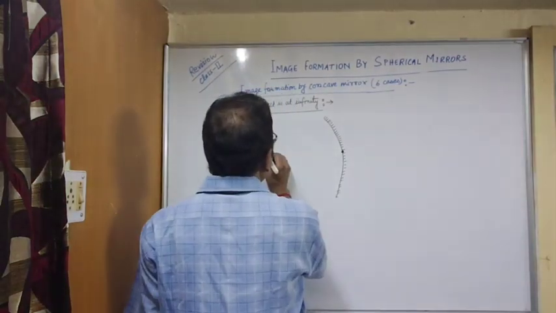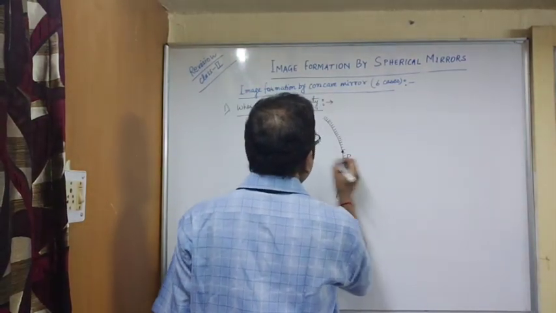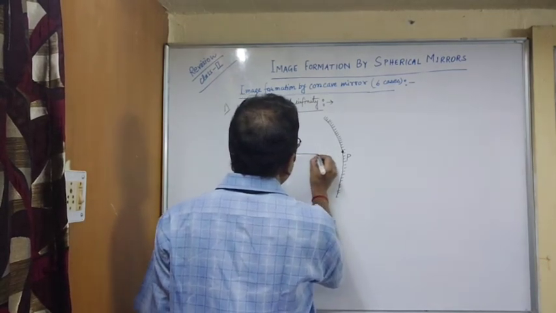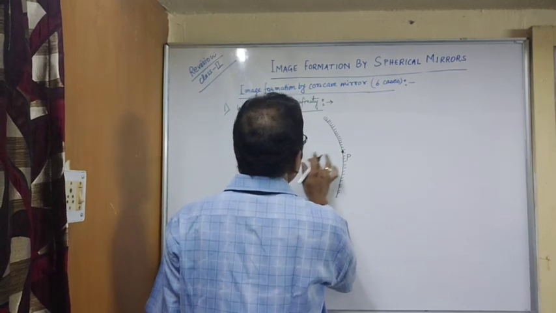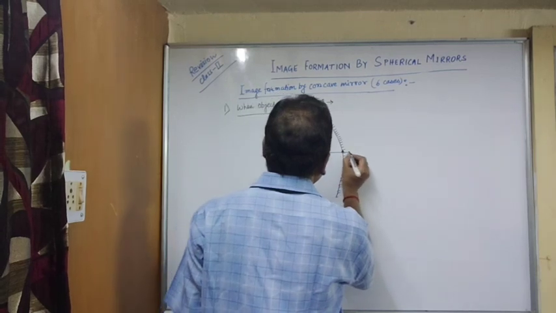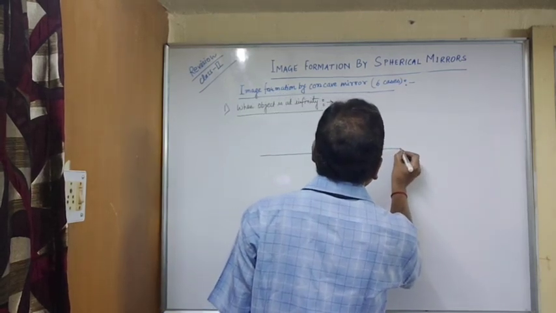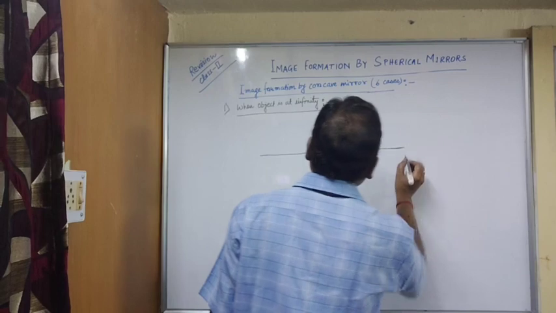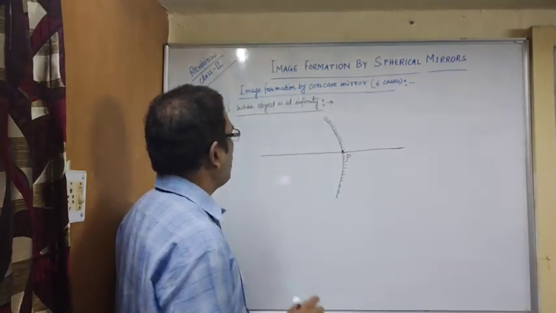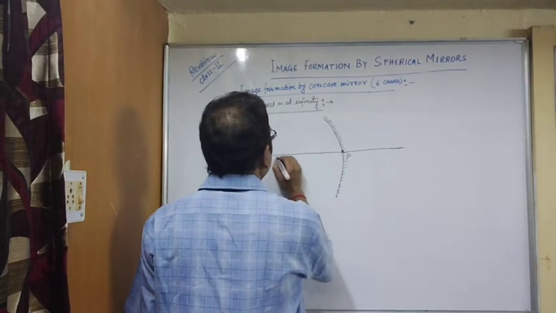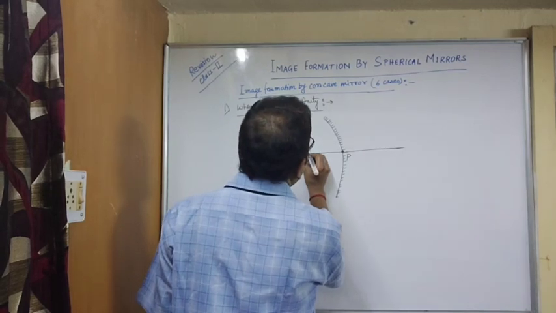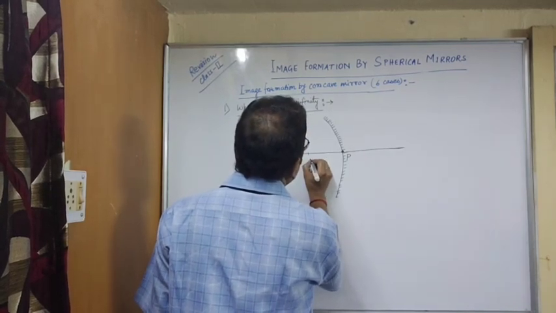So let the center of reflecting surface, as you know, it is pole. Then you have to draw a line which is parallel to principal axis. Draw a line which passes through pole, which is the horizontal line, and mark the point center of curvature of the mirror and focus of the mirror.